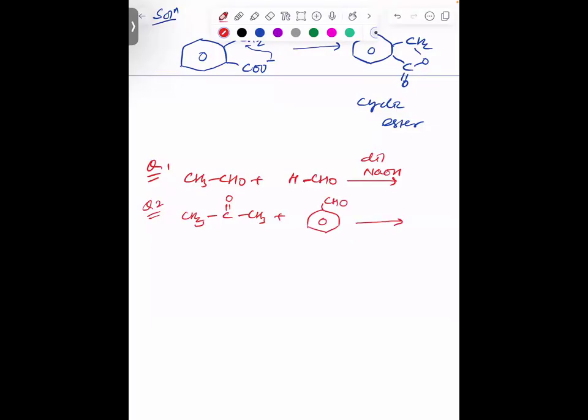Complete these two reactions. Quick. Two minutes time now. Solve this question.